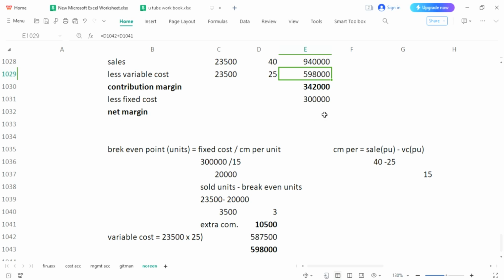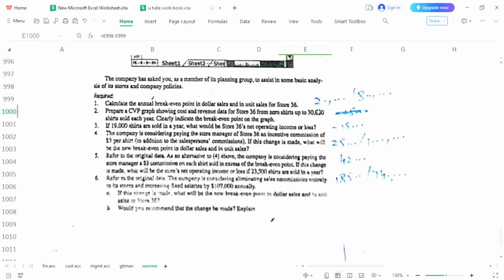Our fixed cost was 3 lakh and contribution margin is 342,000. We will calculate the difference of 342,000 and 3 lakh. This way you have calculated your net margin as well. 42,000 is the answer, and at point number 5, you can see 42,000 is mentioned over here. This way our fifth point has been completed.